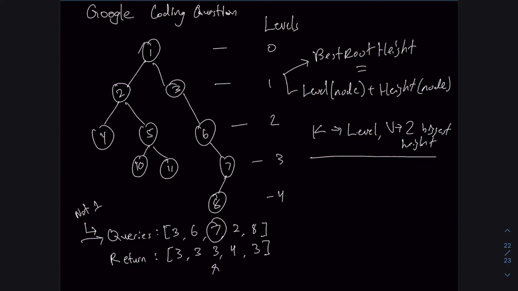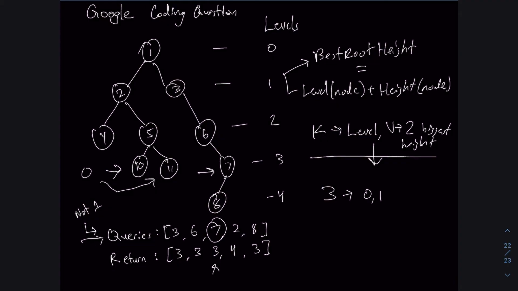So for example here, we see there are 3 levels. Inside of our key value mapping, this level is at 3, and it would point to the 2 biggest heights, and those are 0 and 1, right? Because these both have height 0, there's nothing underneath both of these nodes, and this one has 1.